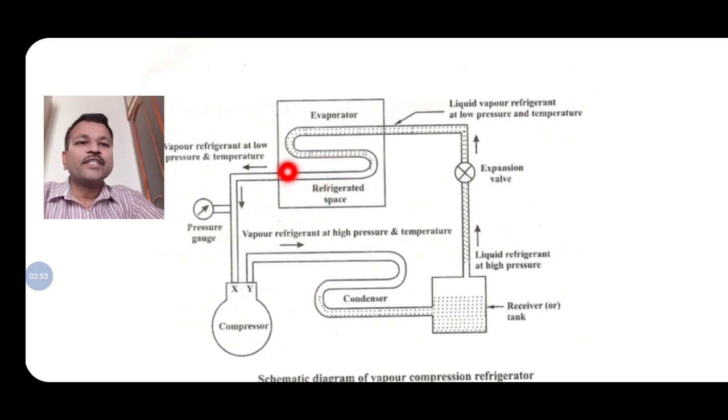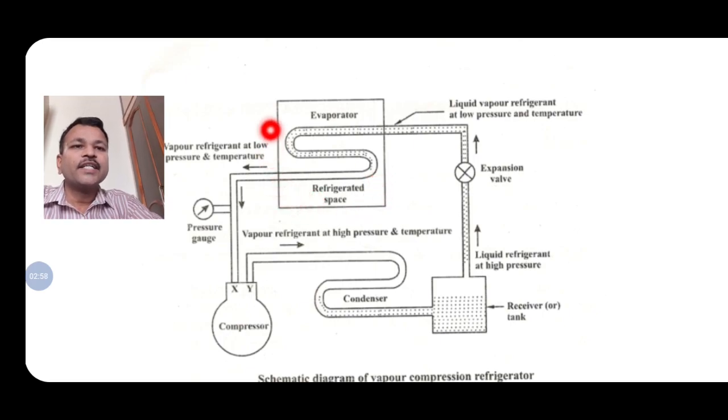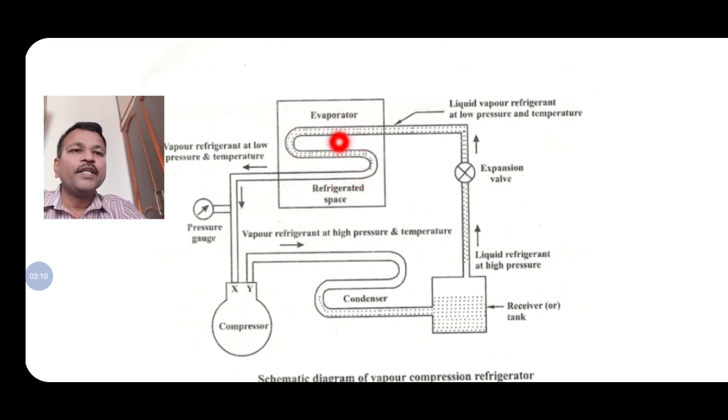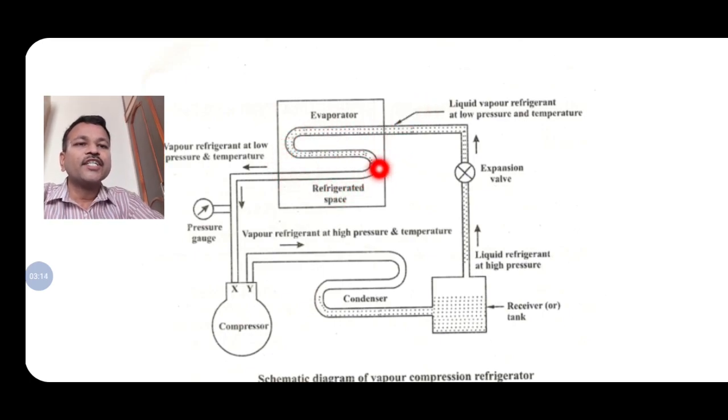This square we have drawn here is the refrigerated space. Refrigerated space means that space we have to make into a cool space. Here the temperature is more, so we have to remove this heat and throw it to the atmosphere, so that we can make it a refrigerated space. The temperature may be say 10 degrees, 12 degrees, whatever cool temperature we require.